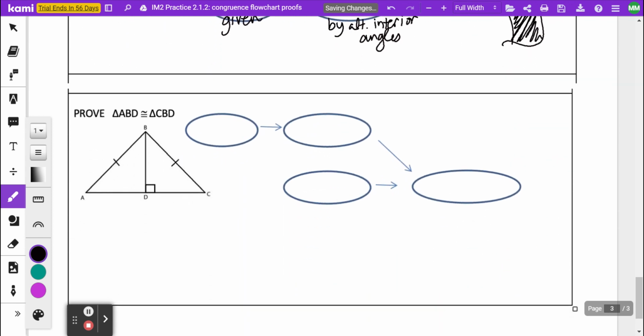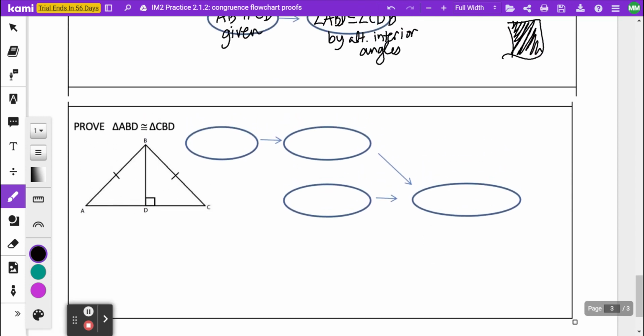Here we go. So we have a hypotenuse and a leg, and it's a right triangle. Okay, let's see. So I'll be using hypotenuse leg. So by hypotenuse leg congruence, triangle ABD is congruent to triangle CBD.